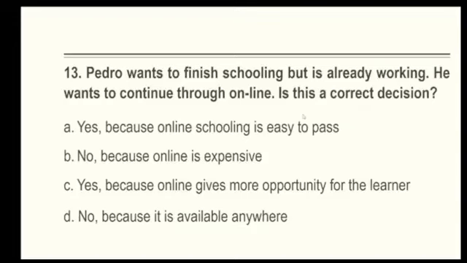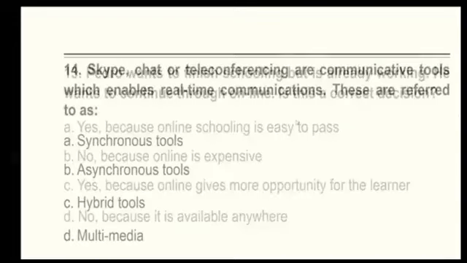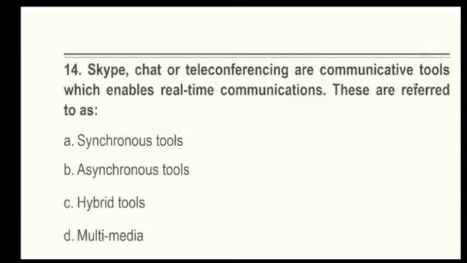Okay, number 14. Skype, chat, or teleconferencing are communicative tools which enable real-time communications. These are referred to as A, synchronous tools, B, asynchronous tools, C, hybrid tools, D, multimedia. Okay, what's your answer?